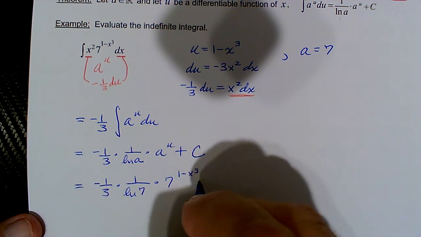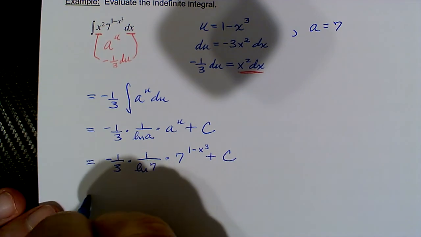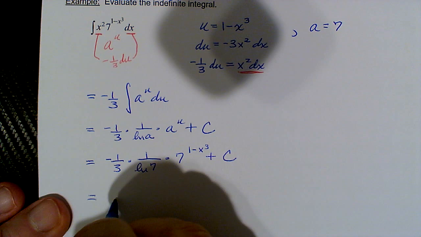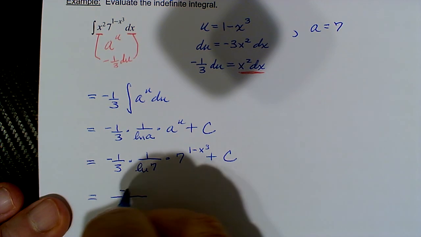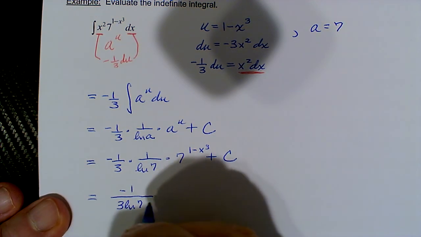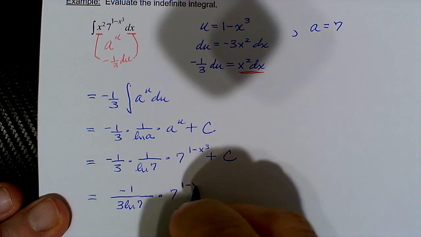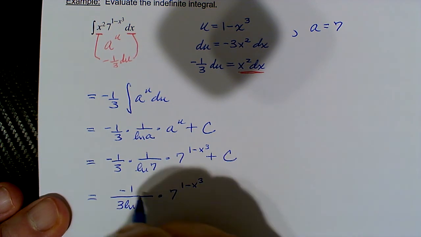If you want to make this a single fraction, I'd probably just leave it as negative 1 over 3 natural log 7, and then times the 7 to the 1 minus x cubed. Or you could put the 7 to the 1 minus x cubed in the numerator, it's your choice, and then plus our constant.